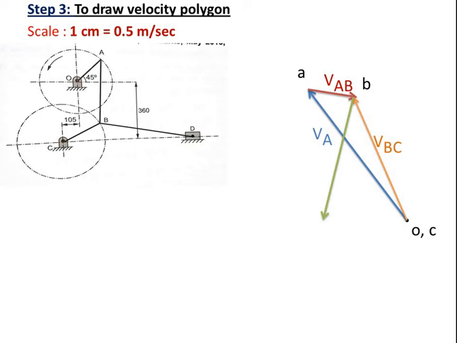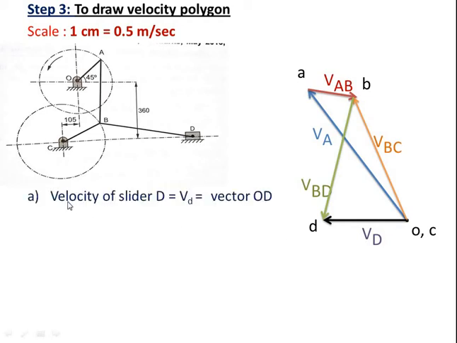The velocity of the slider will be parallel to the motion of the slider. The slider is moving horizontally, so from the fixed point on which the slider is moving, we will draw a horizontal line. This is the velocity vector of the slider, and the intersection of these two will give you point D. So this is the velocity vector of BD and this is the velocity vector for slider D. In this way, by the intersection of velocity vectors of all the links, we can complete the velocity polygon.